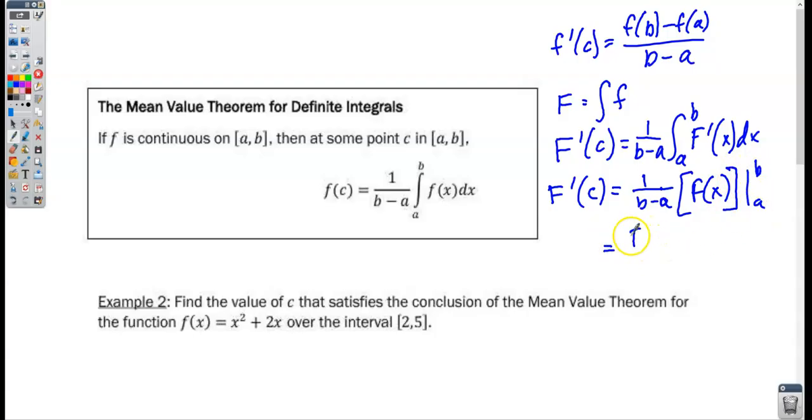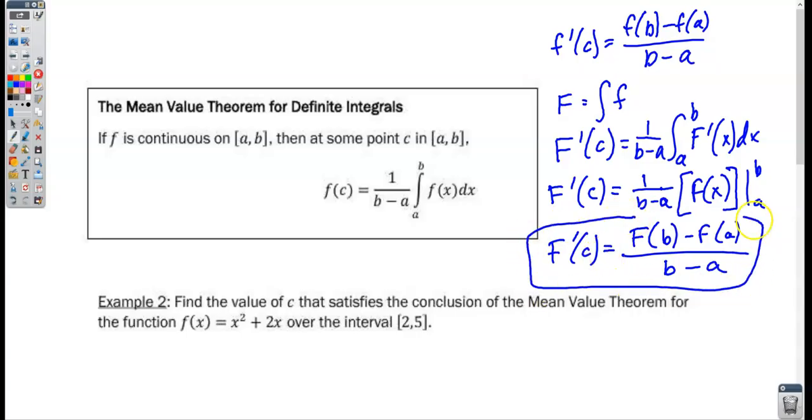And so this right-hand side becomes capital F of b minus capital F of a all over b minus a. And so you see this ties back to our original mean value theorem. It's just the integral of everything in that original mean value theorem. That's our mean value theorem for integrals.